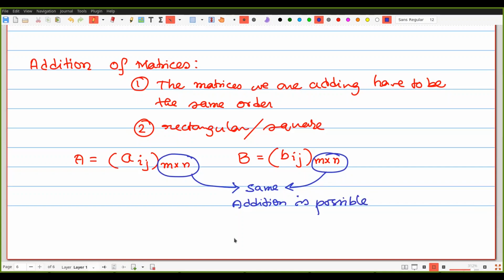Okay, so what is happening here? After the addition, A plus B, we are getting Aij plus Bij of order m cross n. That means the resultant matrix would also be of the same order.